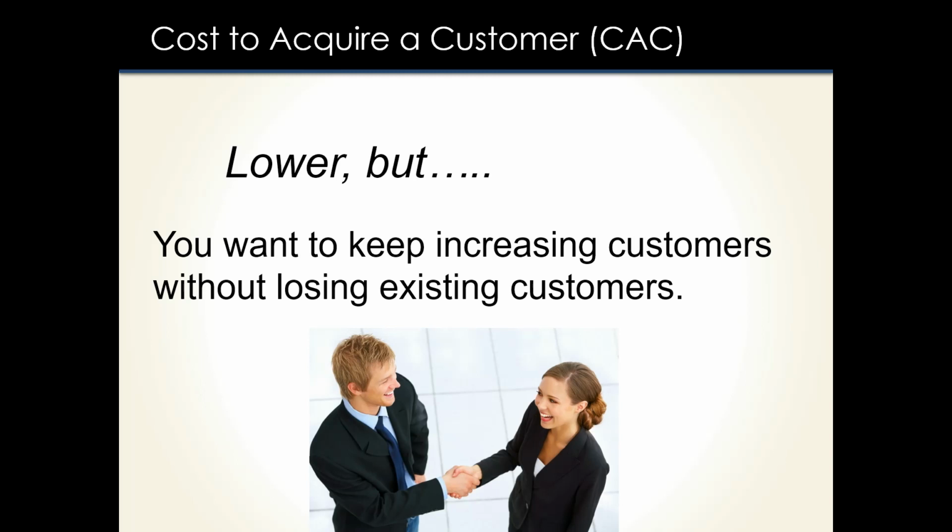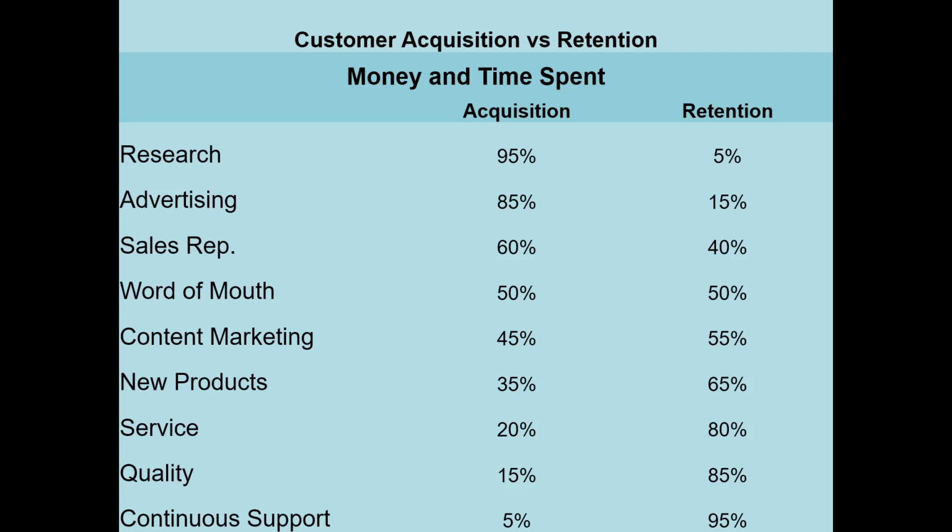Could be a friend, family member, anybody that you might think is worthwhile listening to, could be easily influenced. So if you look at this chart, if you look at customer acquisition versus retention, this is money and time spent, all the way from research all the way to continuous support.